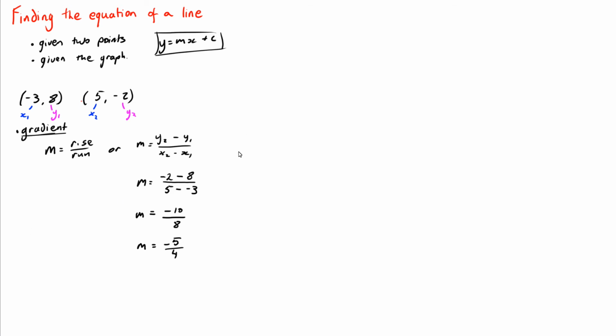So my next step, I'm going to put up here the y-intercept. We're actually going to use one of the points given. Let's use the first one, (-3, 8). It doesn't really matter which one you use, it's going to get you the same answer.